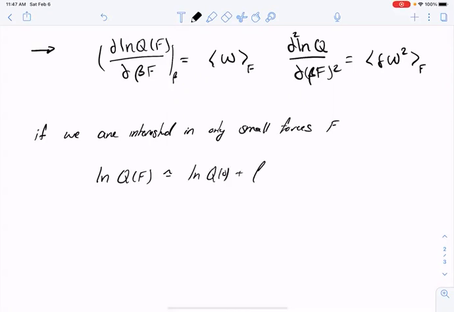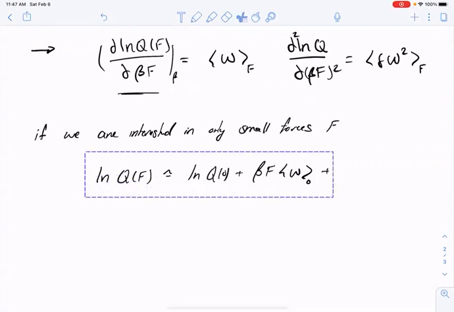To first order, it would be beta F, so I expand in the quantity beta F. The first order Taylor expansion correction would be the derivative of log of Q with respect to beta F evaluated at F equal to 0, which I know from this relationship is just the average of W in the absence of the force. And I could keep going.